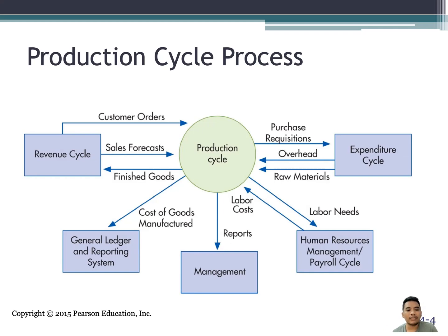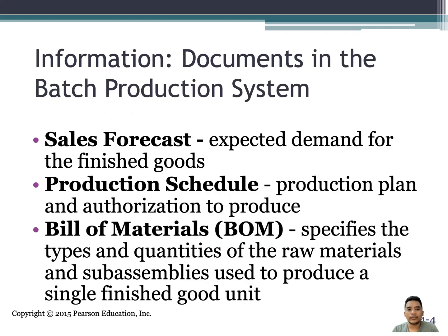And lastly, we have the general ledger and reporting system that includes the costing or cost accounting, and at the same time allocation of selling price and selling to the market, and of course movement of our finished goods inventory, raw materials, and all the aspects in relation to the production cycle that relate to accounting. This will be recorded under our general ledger account.